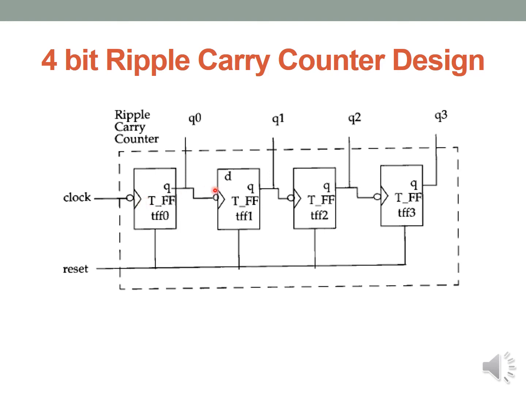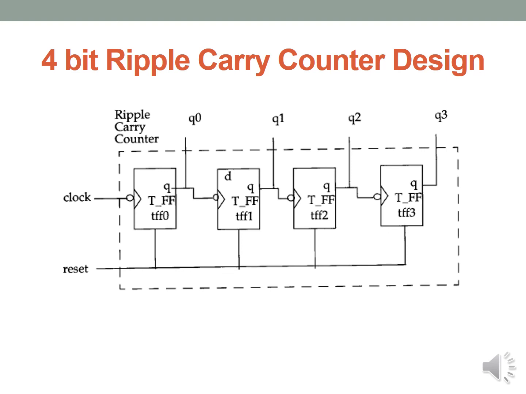The clock signals of the rest of the T flip-flops are derived from the output of the previous flip-flop. So this is an asynchronous 4-bit ripple carry counter built using 4 negative edge triggered T flip-flops. We have the 4 outputs Q0, Q1, Q2 and Q3, which represent the 4-bit counter value.